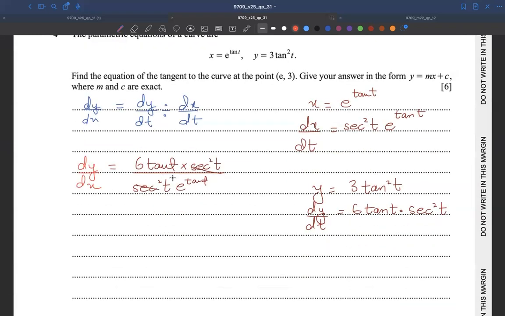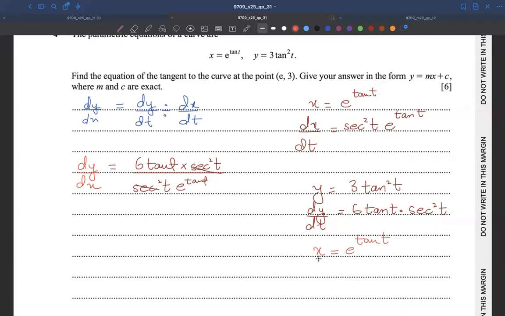Now, once you have the expression for dy/dx, we can simply substitute the x value over here. But as we do not have the x value, in dy/dx we have it in terms of t. So what we can do is, we know that x is equal to e to the power of tan t. So in place of x, we can write e over here.